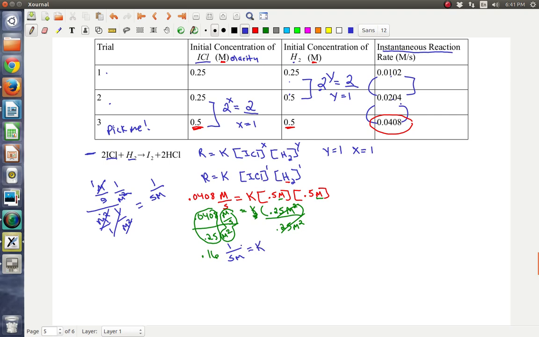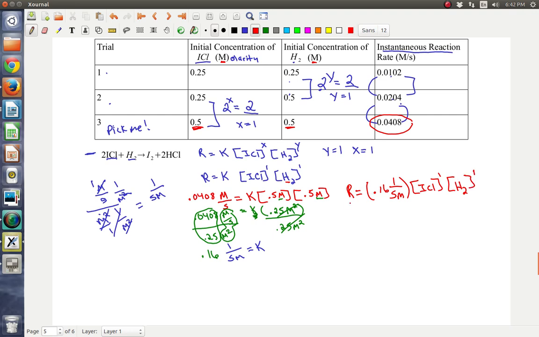Now that you know your K, you can write the final answer to this question, which is: what is the rate law equation for this reaction? The instantaneous rate is always going to be equal to K, which we now know is 0.16, 1 over seconds times molarity, times the concentration of ICl to the first power times the concentration of hydrogen to the first power.